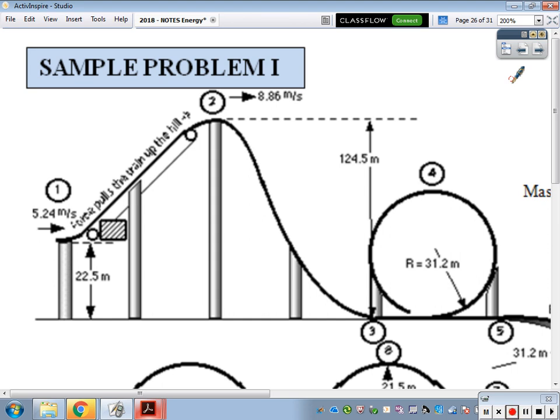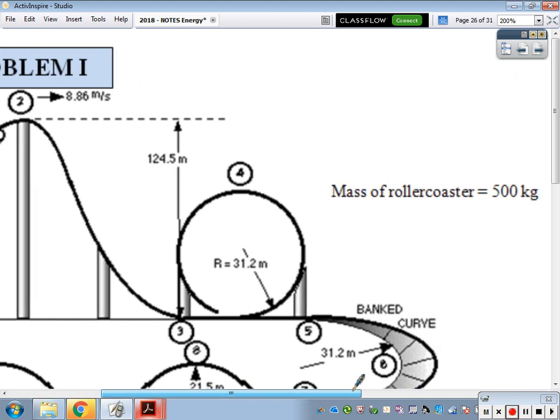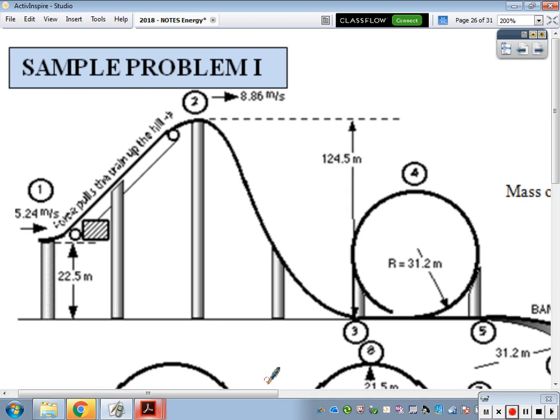Okay? So, here's what I want all of us to do. We know the mass of the coaster as it's given out here just to the side of our image. And we know what that speed is. Everybody using the calculator that you have in front of you, let's calculate the kinetic energy at position 2.